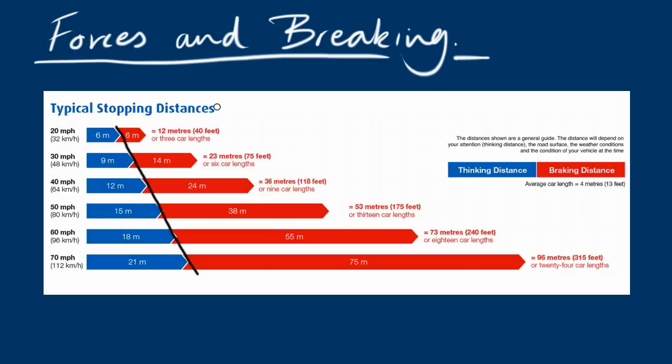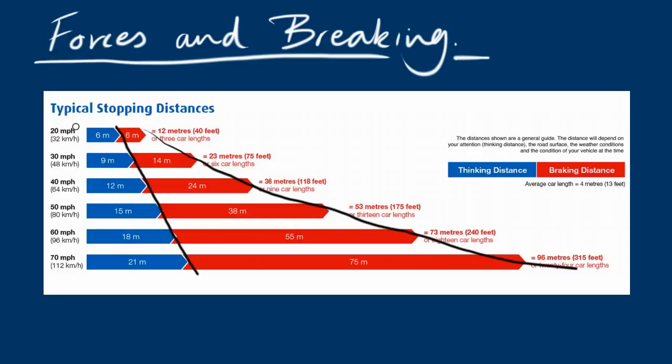But the braking distance is not a straight line. You can see that it's actually a curve. That is because during this period of time we're dissipating the kinetic energy to heat in the brakes, and this relationship is a consequence of the kinetic energy equation, which I will show you in a later video.